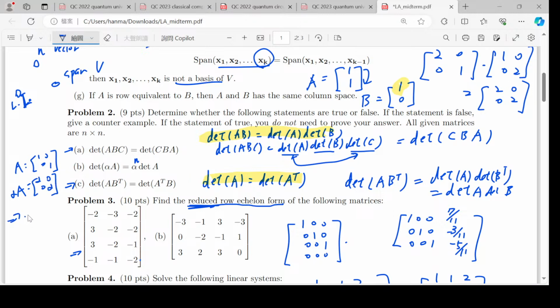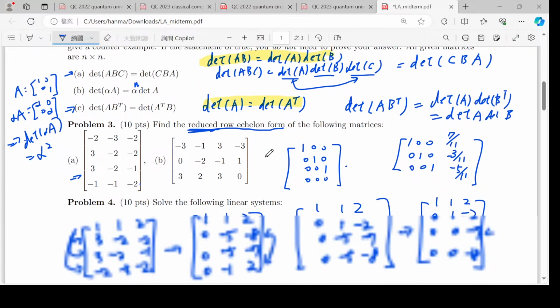So det(alpha A) equals alpha times alpha, that's alpha squared, instead of alpha times det(A). So that's problem 2. Any question?